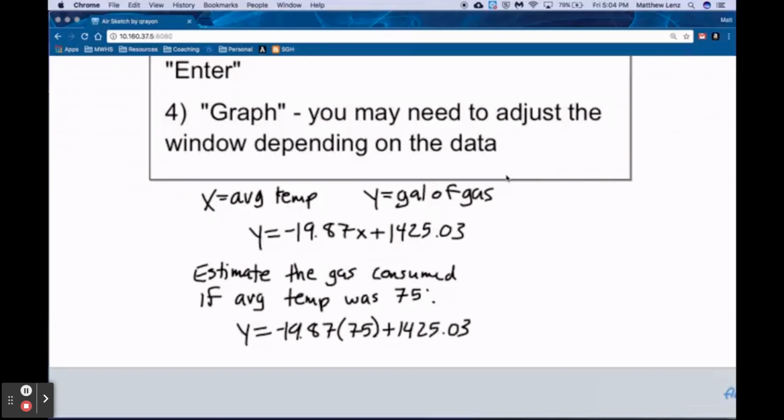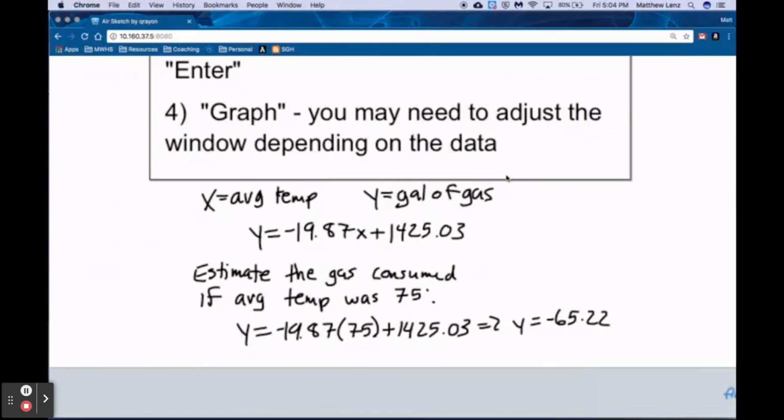And then I would just punch that into my calculator here, and let's see what I get. I get y equals negative 65.22. Now, you look at that and you say, well, that doesn't make any sense.